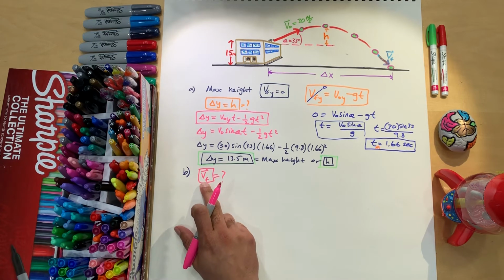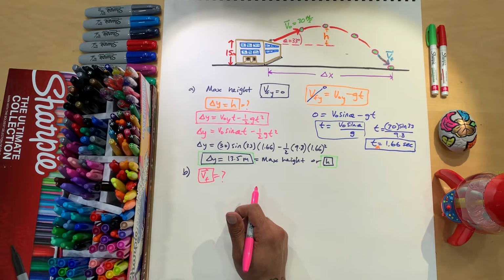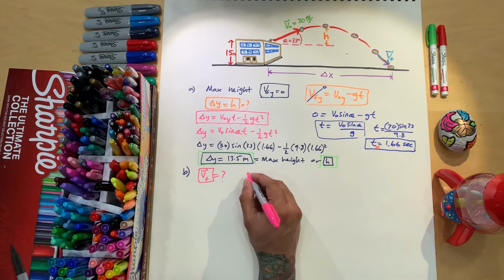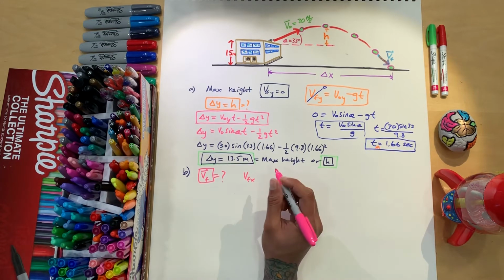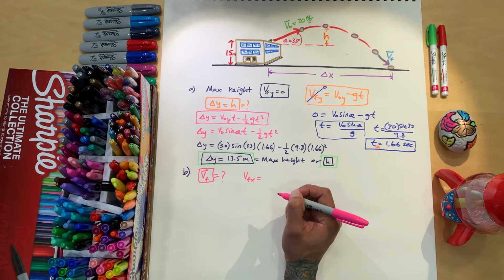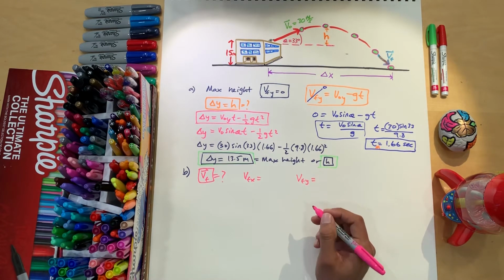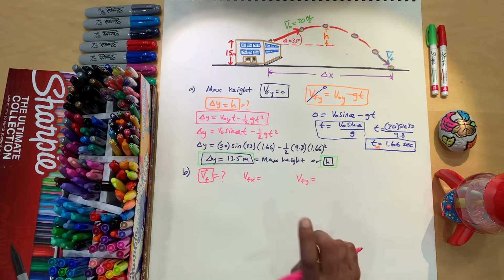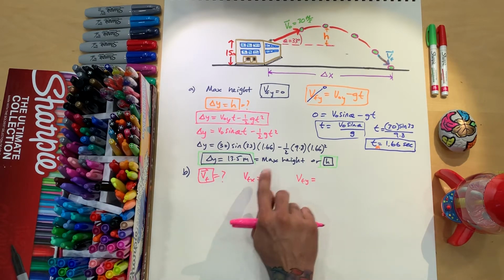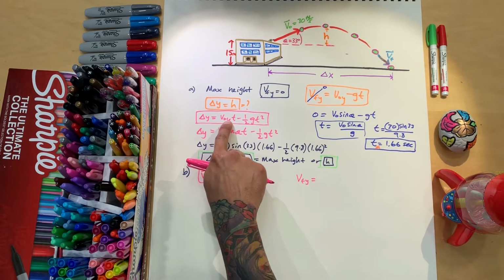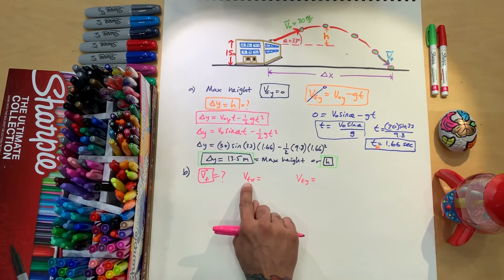Inside of this, we need to find V final of X, and we're going to need to find V final of Y. We know what these things are. Just like here, V initial Y was this, V final Y and V final X is the same thing.